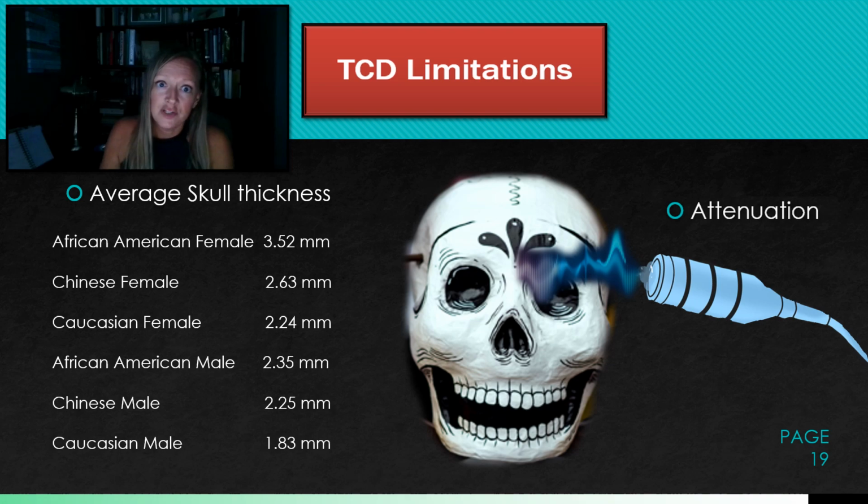There is another limitation with attenuation of the ultrasound beam. As ultrasound travels through the bone and the soft tissue, it will diminish. So these are different factors to consider and to know when you are providing TCD.